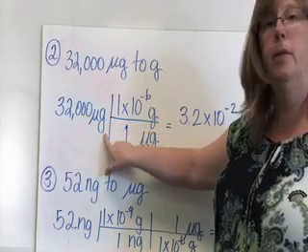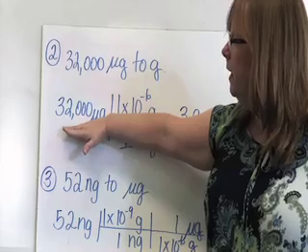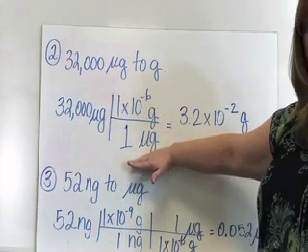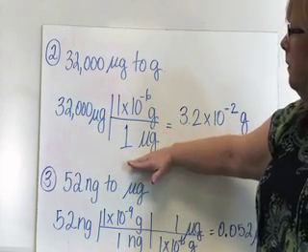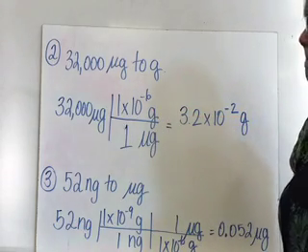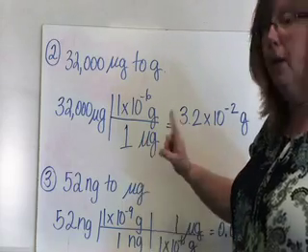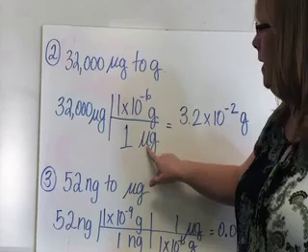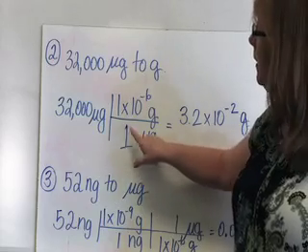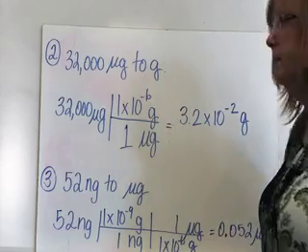32,000 micrograms. We don't want micrograms. It's in the numerator here, so let's put it in the denominator here. We want to go to grams, so let's go ahead and put grams in the numerator here. What is our equivalence here? Well, from our definition, 1 microgram is equivalent to 1 times 10 to the negative 6 grams.